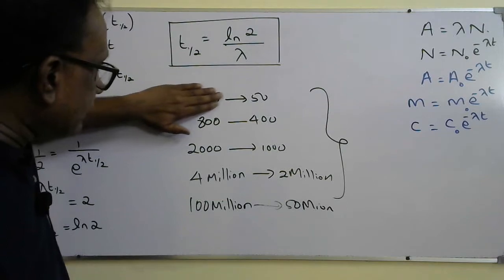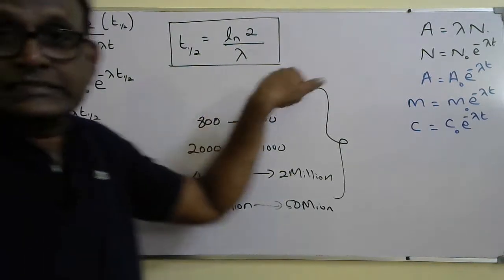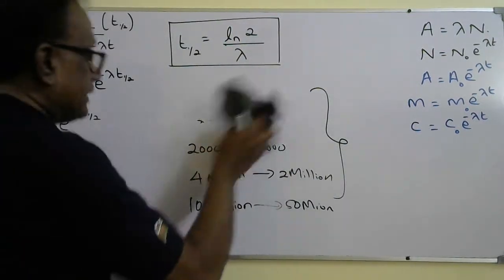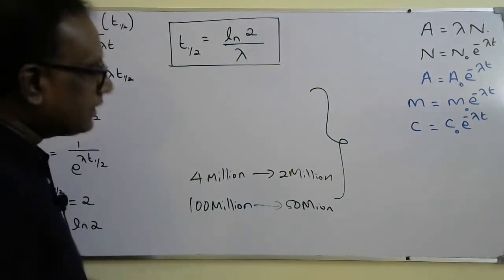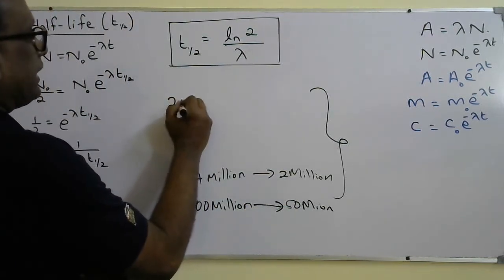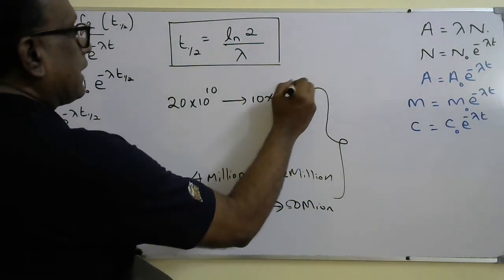So this is not a good example, 100 to become 50. Certainly the random nature will become significant. Even this is not a good one. This is also not a good one. I just took those examples for you to understand. It should be something like 20 into 10 to the power 10 to become 10 into 10 to the power 10, half of it.